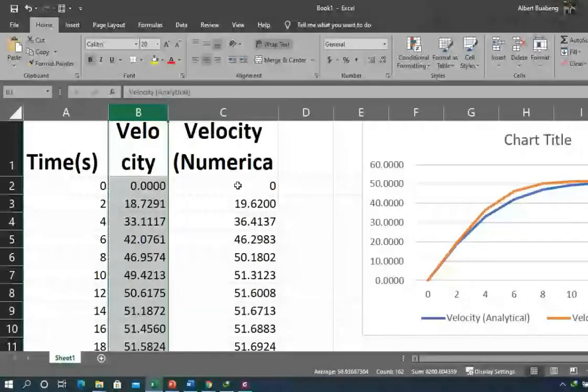So always with numerical. So this brings us to our demonstration of how to interpret this.